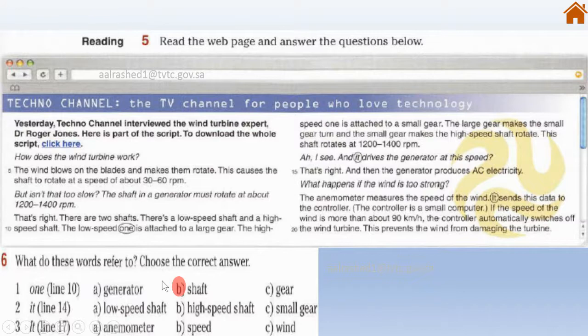Let's see number two. "And it drives the generator." So the subject here is responsible for driving the generator. Okay, which one is correct? Before attempting to answer, you need to go to the sentence before, because the subject is there, and "it" works as a substitute for the subject.